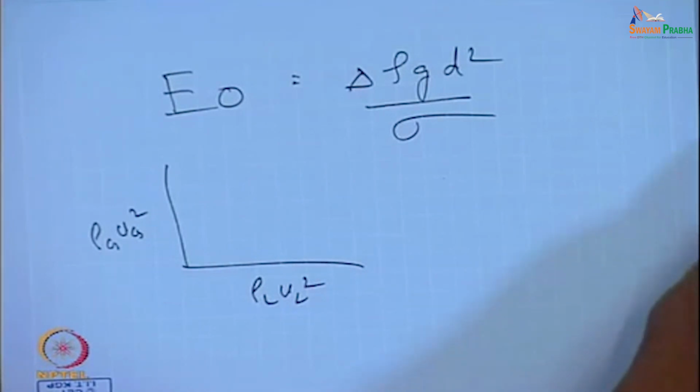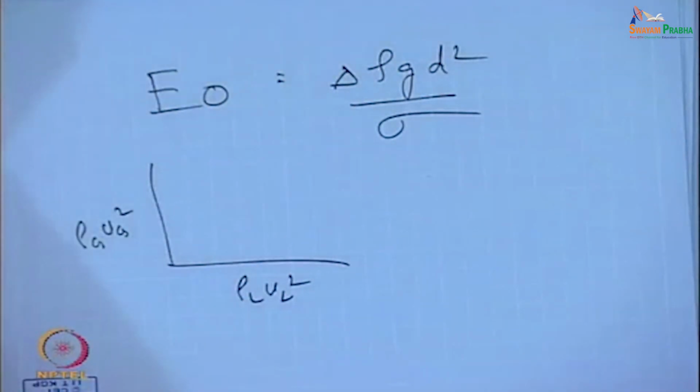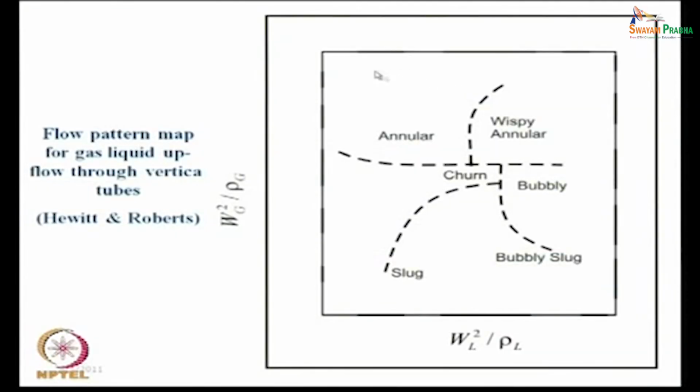And there you can understand that when your gas momentum flux is high and liquid momentum flux is low, you have annular. When your liquid momentum flux is high and gas momentum is low, you have bubbly, and in that way the entire region has been divided into different regions where different flow patterns exist.